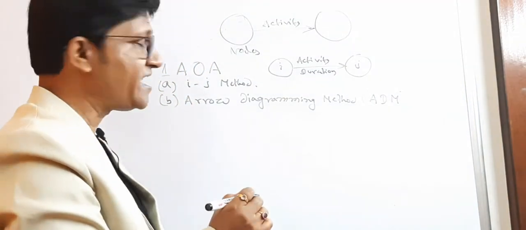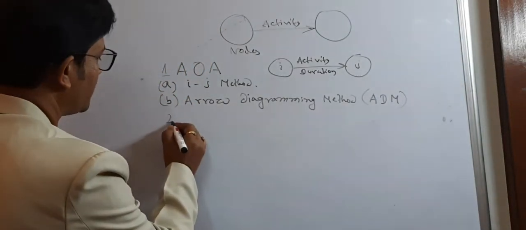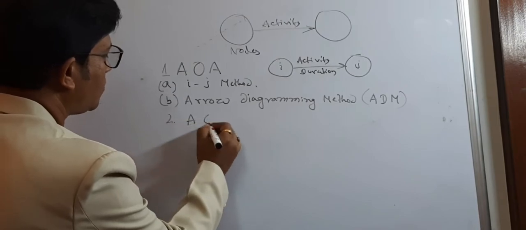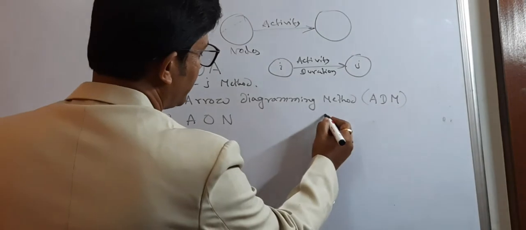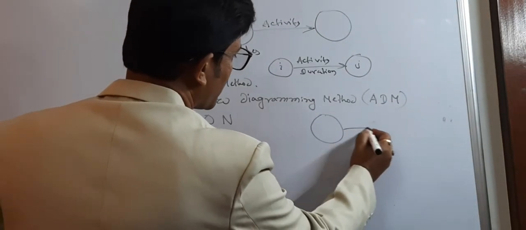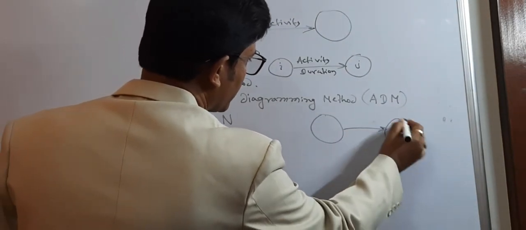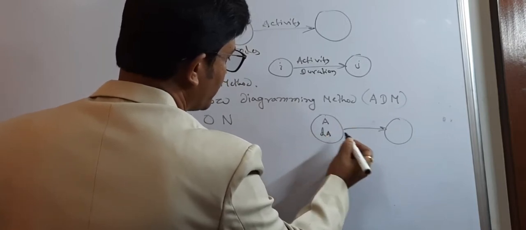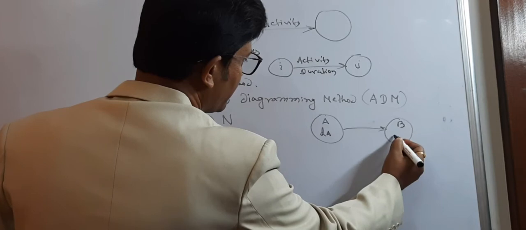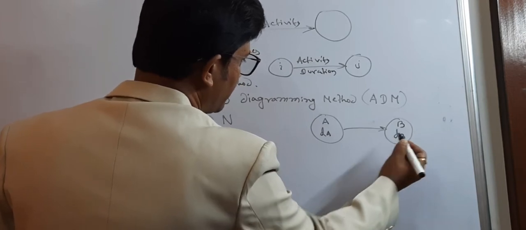Another method is AON. Number two is AON, that is activity on nodes. In AON, the activity is written above and the duration is written below. If it is activity B, duration is dB.